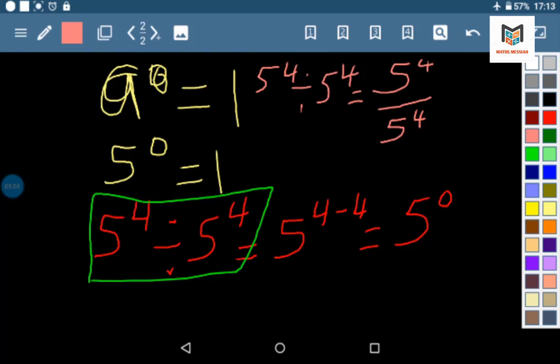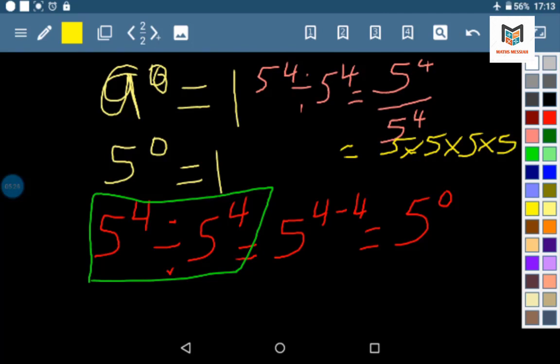If we agree to this, then we can expand the numerator as 5 multiplying 5 multiplying 5 by 5.